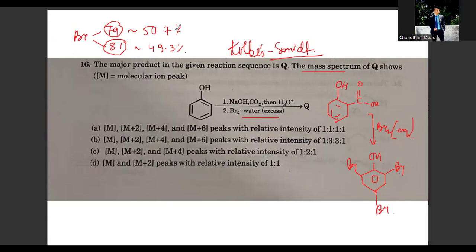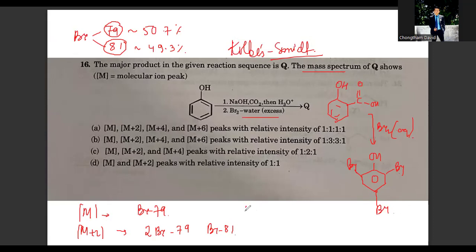For M plus 2, two are bromine 79 and one is bromine 81.